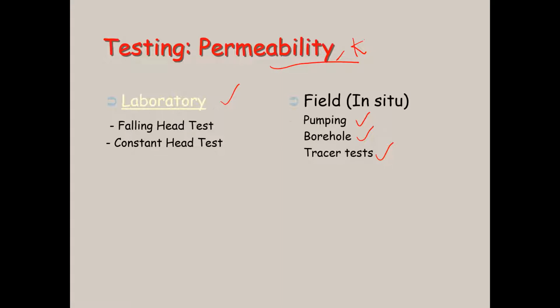For laboratory testing, to determine the K value, you have two methods: the falling head test or the constant head test. But bear in mind, each of them has its own preference. The falling head test is most likely used to determine the K value for fine-grained soil, such as silt and clay.